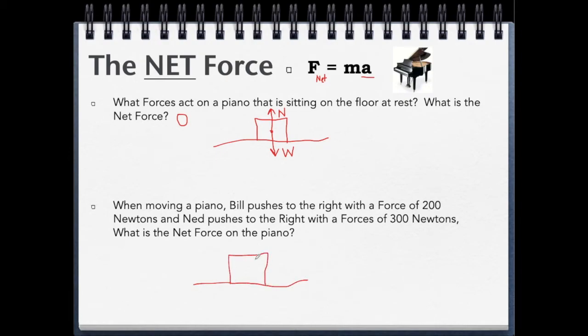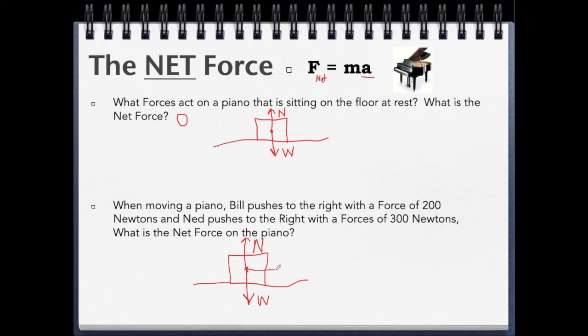And again, even though we have Bill and Ned pushing on this piano, we're going to go right to the middle and we're going to say the force of the piano going down is the weight of the piano. And then the force of the floor is still acting on the piano because we're assuming they're sliding this piano across the floor. So there's the normal force going up. And now in this case, when moving a piano, Bill pushes to the right with a force of 200 newtons.